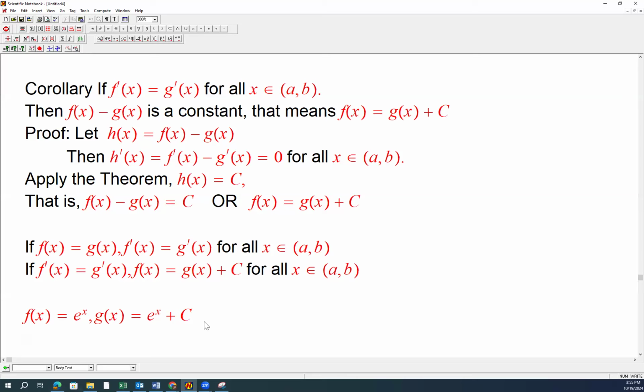Obviously these two functions are not the same, but their derivatives are definitely equal because the derivative of a constant is 0. So we have plenty of such examples.